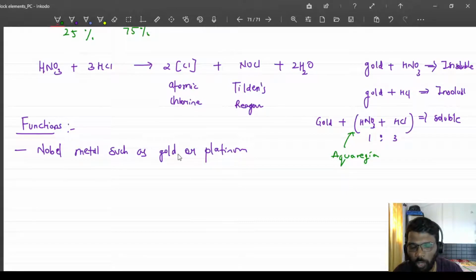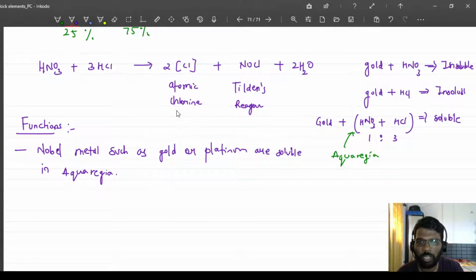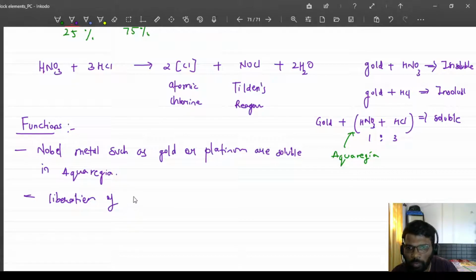So noble metals such as gold and platinum are soluble in aqua regia. The reason for this is the liberation of atomic chlorine.